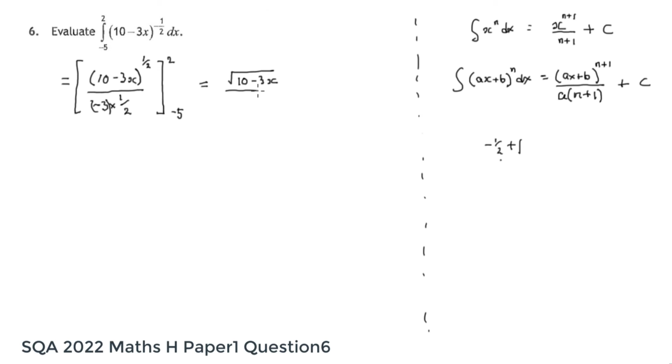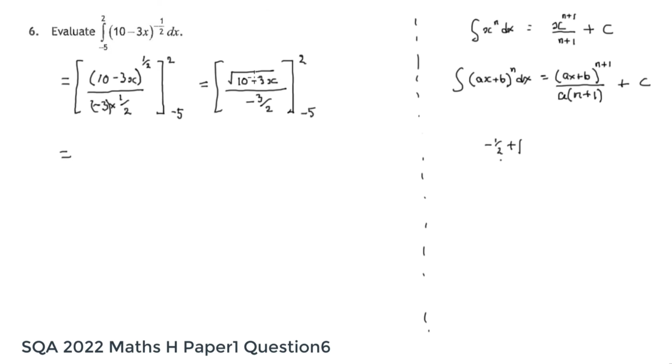On the bottom of this fraction, we have negative 3 times 1 half. So it's negative 3 halves. And square brackets telling us we are about to plug in 2 and plug in negative 5 when everything's ready for that. Now, next, tidying up.